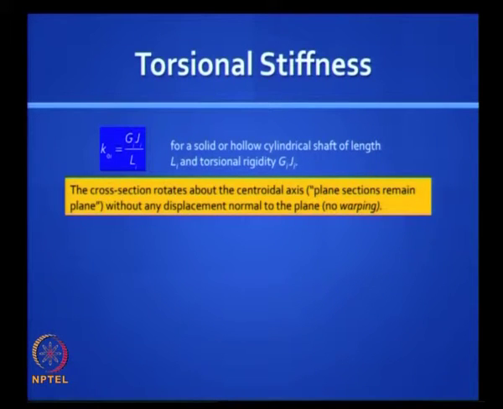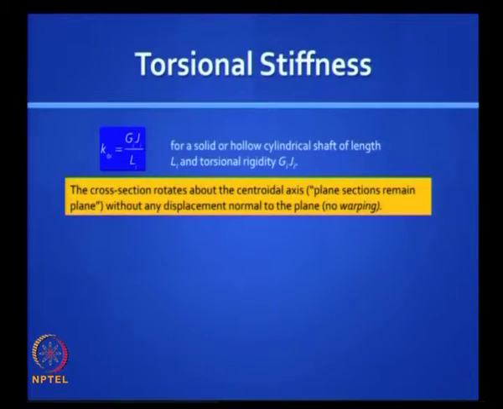So there is something called a torsional stiffness for a grid element, which is what you get in a shaft. If a shaft, let us say a solid circular shaft or cylindrical shaft, is fixed at one end and you apply a constant torque at the other end, then the angle of twist is given by GJ by L times the torque that you apply.